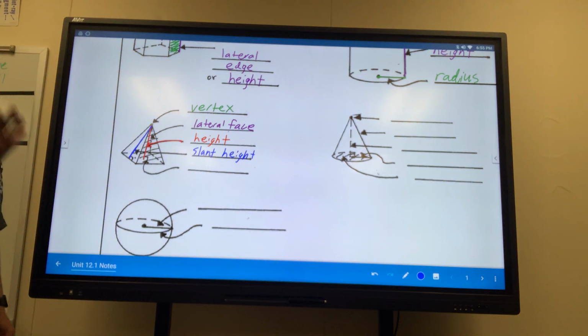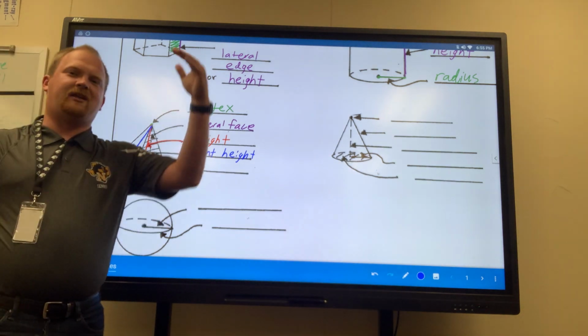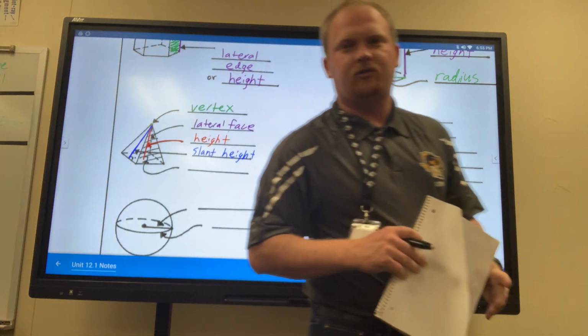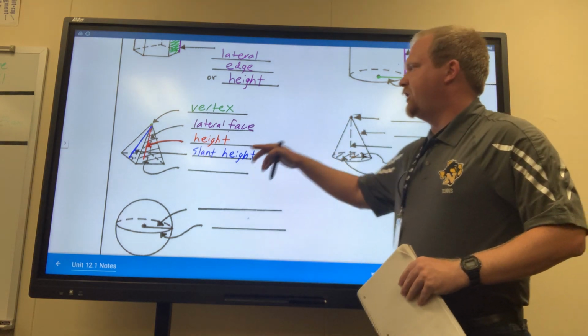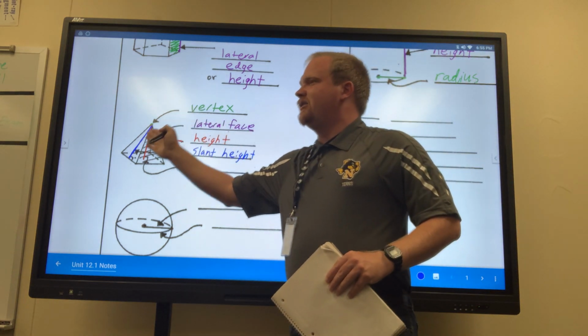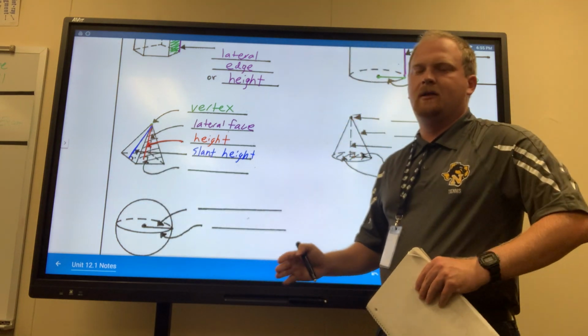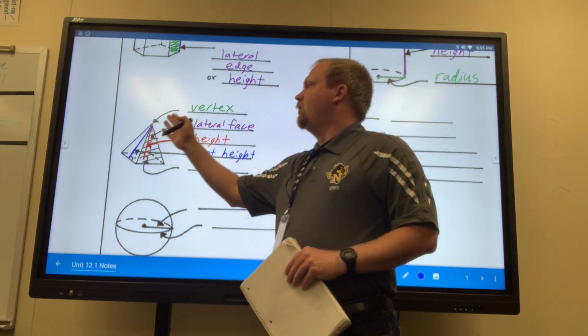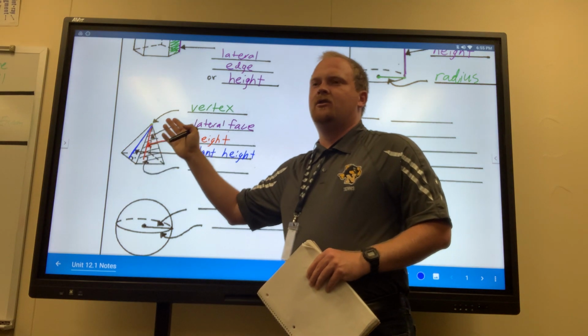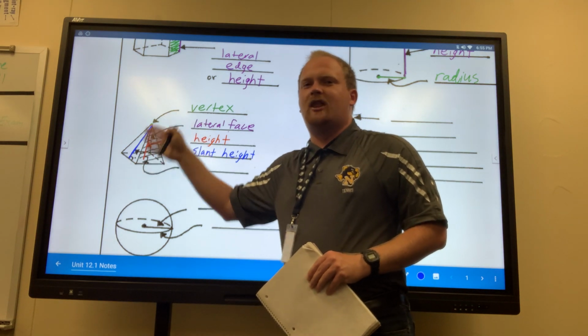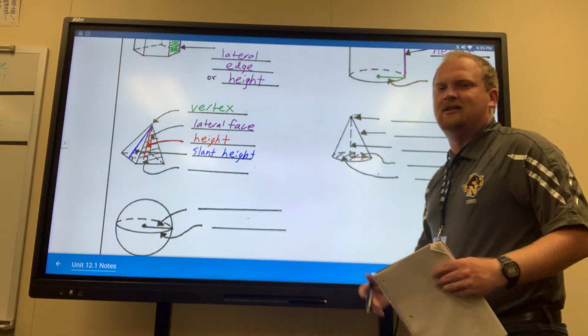Instead of basically how tall it is, it's more of a height for the face of that pyramid. So it's the height of that face rather than the pyramid itself. That's the big difference.